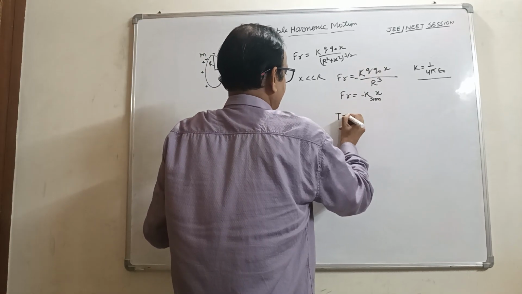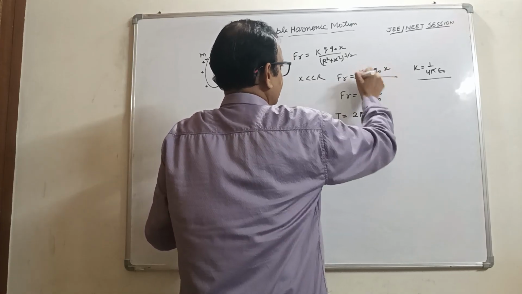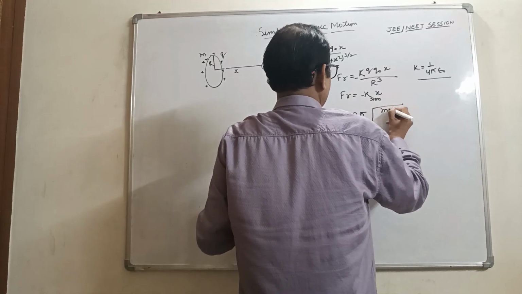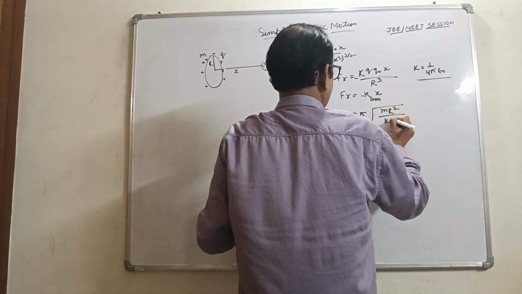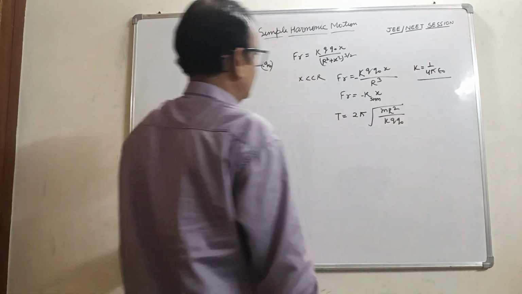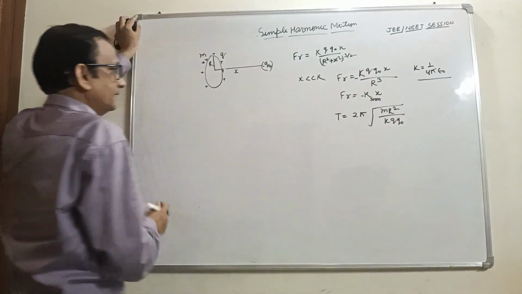So we write that the time period would be 2 pi root of m over k SHM. So this would be m r cube upon k Q q naught. This is the time period here.